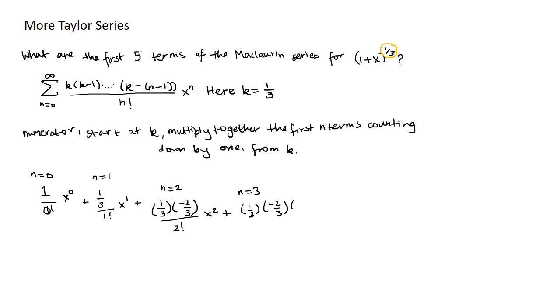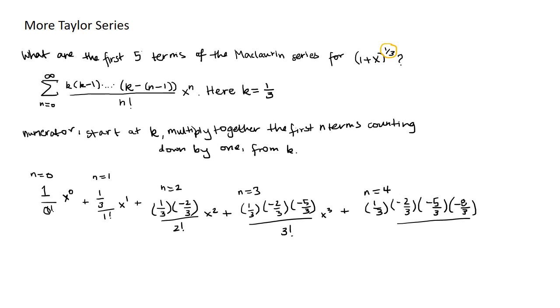So we have 1/3, negative 2/3, negative 5/3 over 3 factorial times x cubed. And finally, at n equals 4, we're going to multiply together 4 terms. So we have 1/3, negative 2/3, negative 5/3, and negative 8/3 over 4 factorial times x to the 4th. And so here are our first 5 terms of the Maclaurin series.